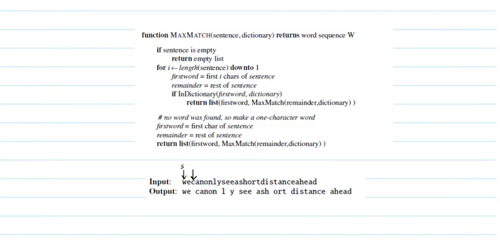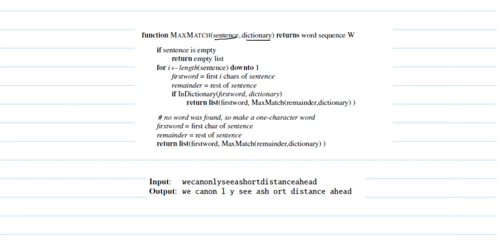Now the exact algorithm says that we have an input sentence and we have a dictionary. This input sentence is, we can only see a short distance ahead, something like this, and we are assuming that we are doing this for English. We also discussed that this does not work well for English, but for the sake of studying how the algorithm works, we are doing it with respect to English. Otherwise, it works very well with Chinese, right?